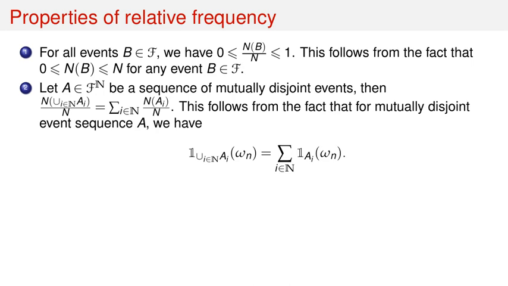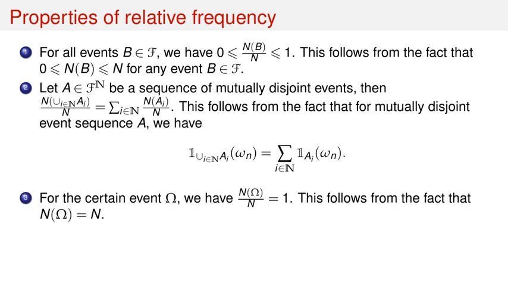This follows because for a mutually disjoint event sequence A, the indicator of their union, indicator union Ai of omega n, is equal to the sum over i in N of the indicator of Ai of omega n.